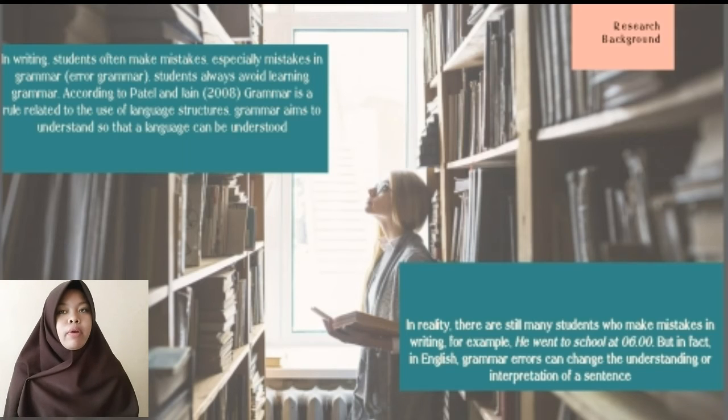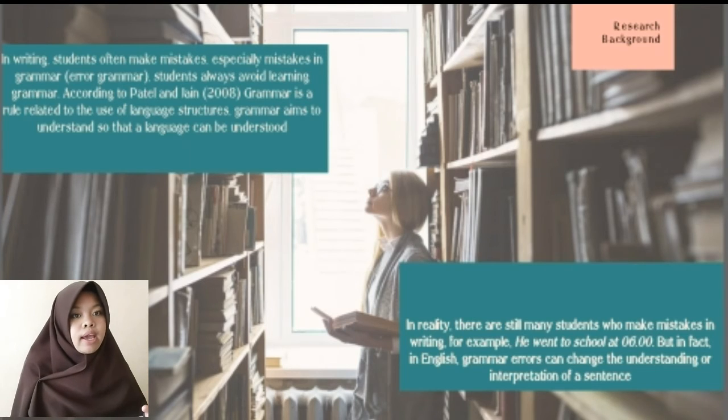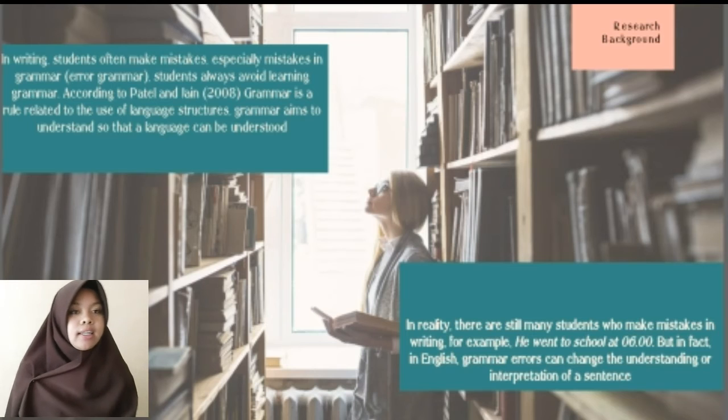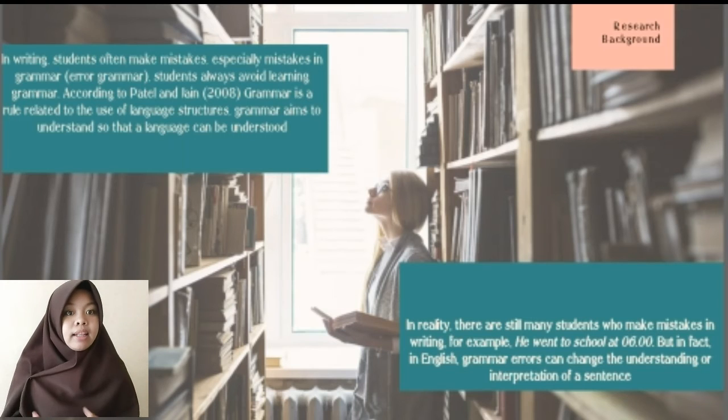For example, when students write a descriptive text, they write like, "He went to school at 6 o'clock." Actually, the meaning may still be understood, but the error is in the tenses. This sentence is talking about a person's habit, which is present tense, and should use the verb one.